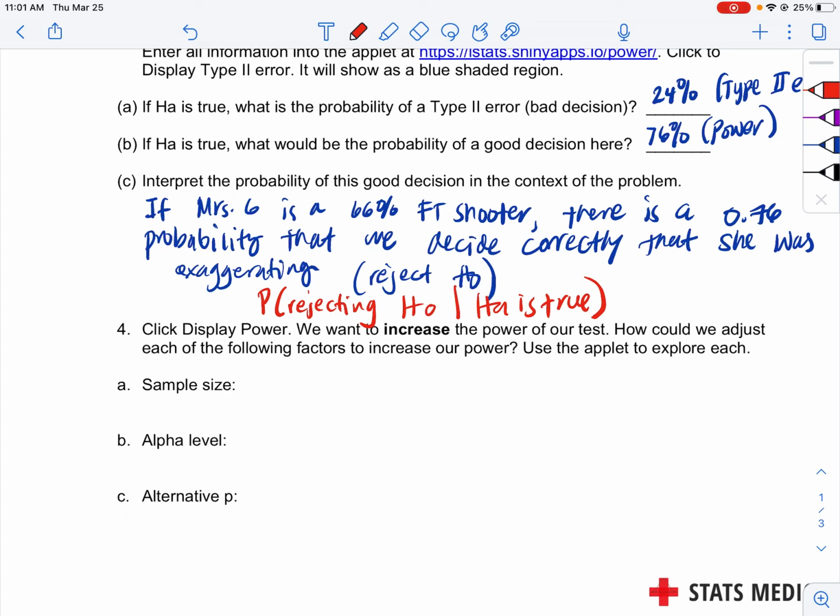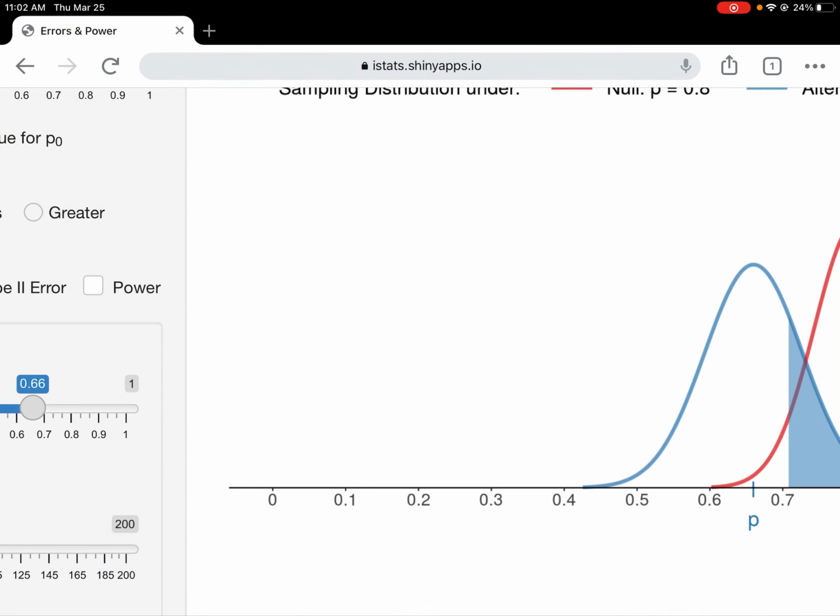How could we adjust each of the following factors to increase our power? Use the applet to explore each. If we increase the sample size, what happens to the power? If we decrease the alpha, what happens to the power? If we decrease the alternative, what happens to the power? We want to increase the power. So how do we increase the power?